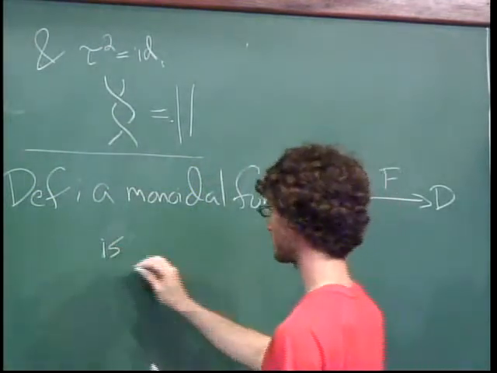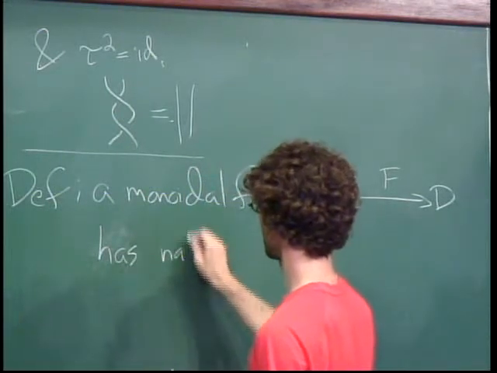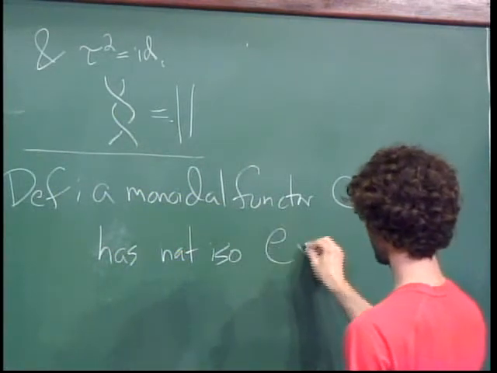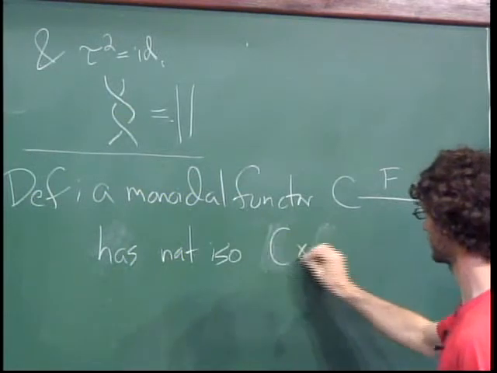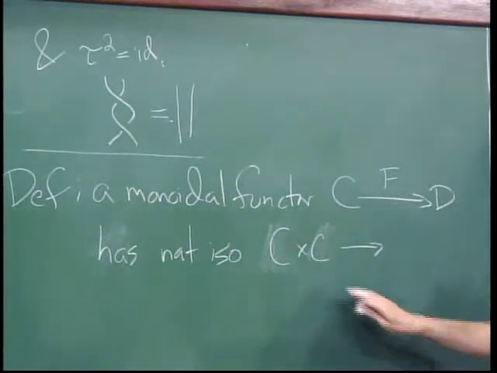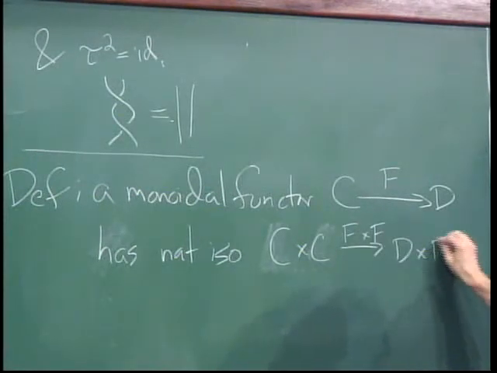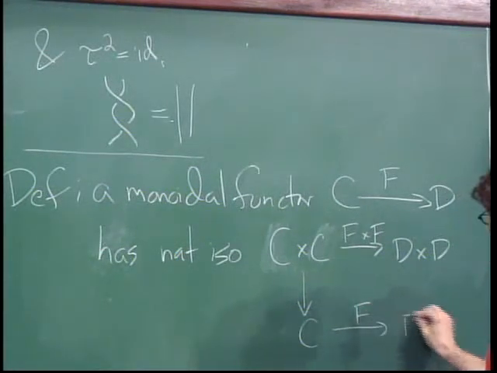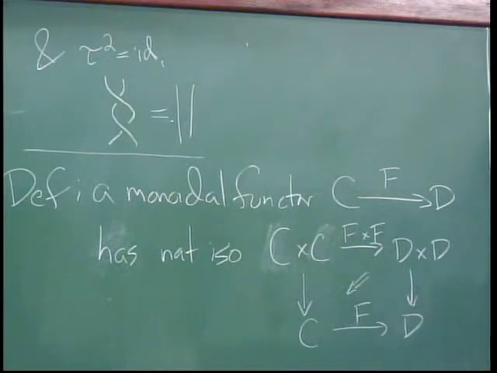Well, it is a functor, and then it also has the following natural isomorphism. If I start with two objects of C, what can I do? Well, I can apply F cross F to move over into D cross D, or I can multiply and then move over, or I can multiply in D, and I want to have a natural isomorphism between these two different ways of doing something.